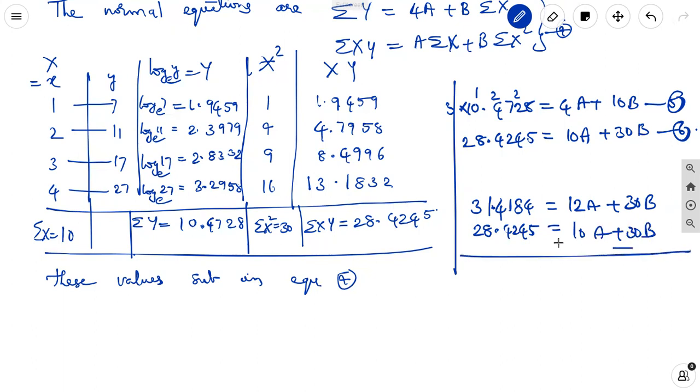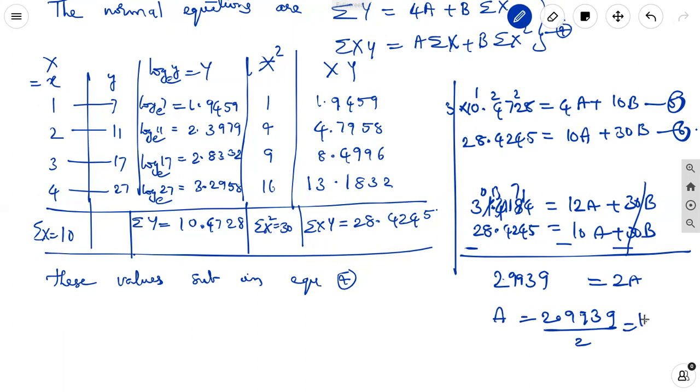Subtract one from the other. B cancels. It is equal to 2A, which is 2.9939. So A is equal to 2.9939 by 2, which is 1.4969. So capital A is equal to 1.4969.